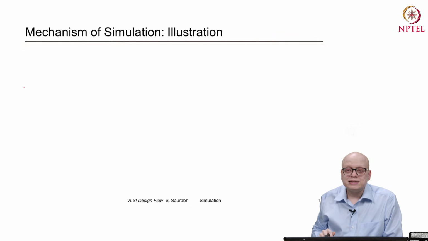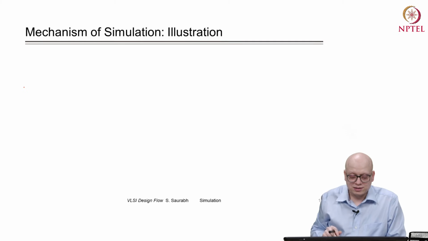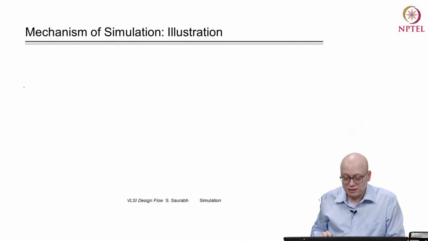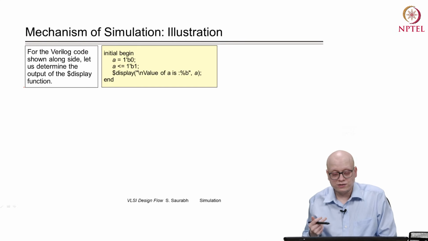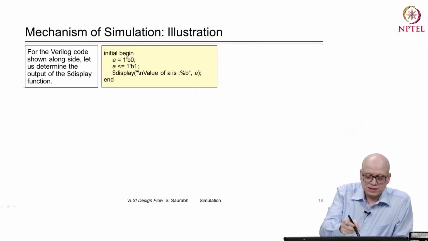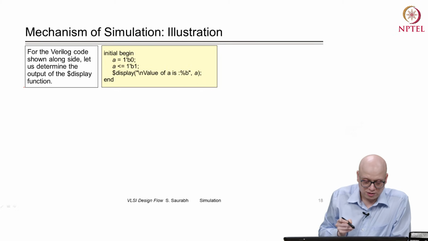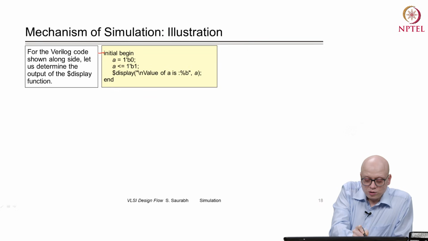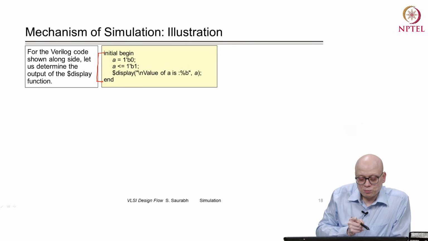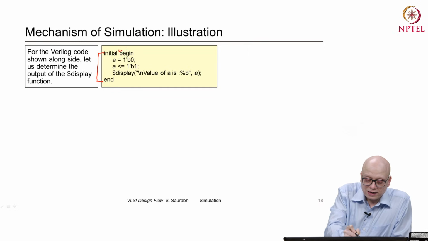Right. Now, let us take an example of how this stratified event queue of Verilog will be used by the simulator to give the result. Consider this block. We have an initial block, and in this we have a begin and end statement.